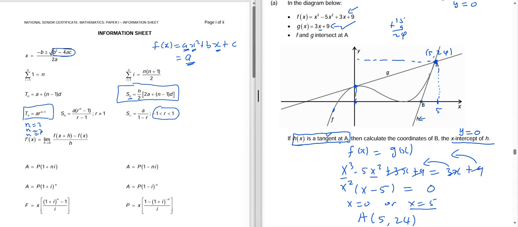The function that it is touching is the function f. And at that point, we can get a gradient. So when h of x is a tangent at A, it means we can get a gradient.